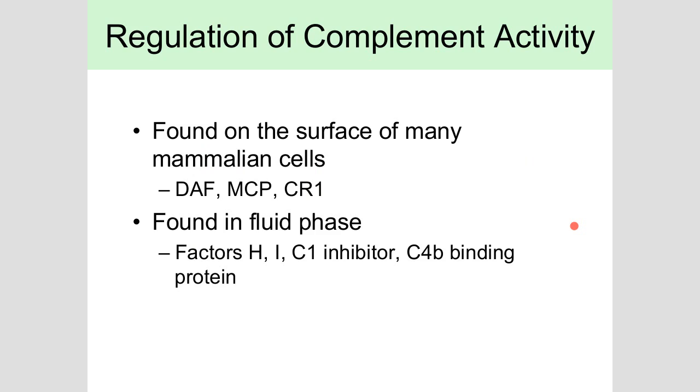So we need to regulate that. And again, the problem in this case is that you are breaking apart all these things. So we have many different protective elements in our body. Most of us have these markers like protective sheets: DAF, MCP, CR1. I'll discuss that in a while.